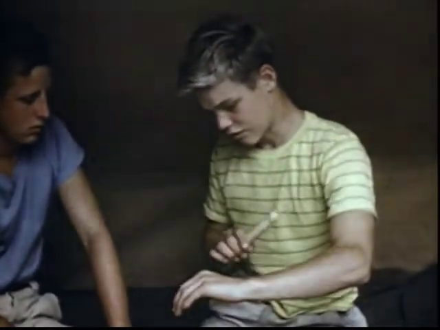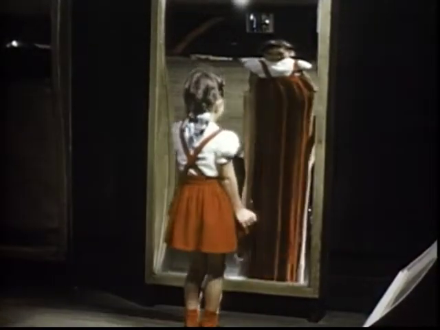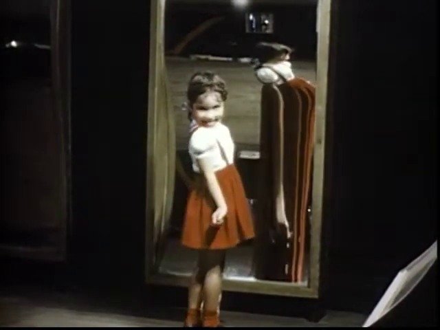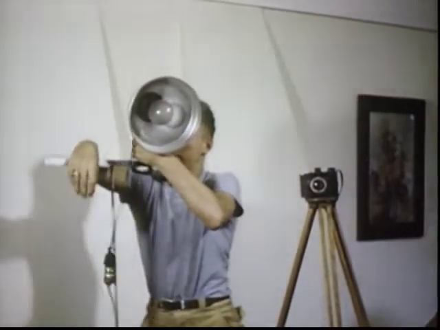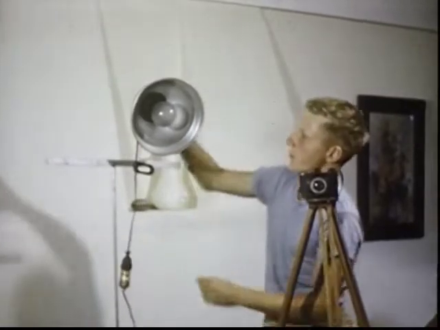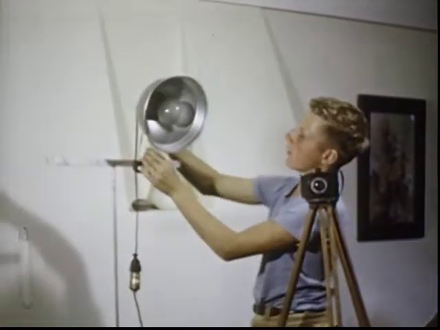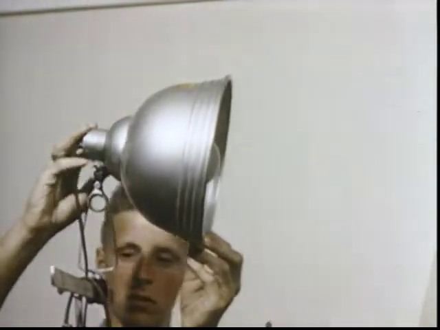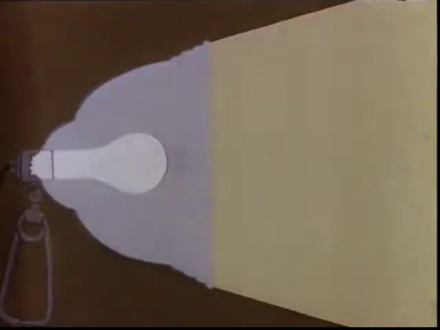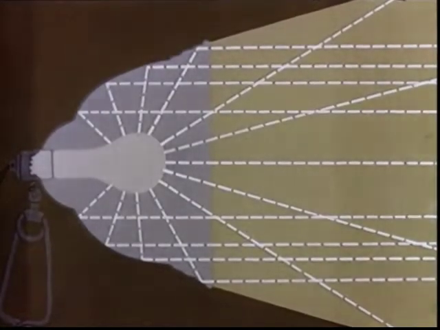Convex is the other way. These principles are used in the trick mirrors you often see in amusement parks. Bud makes a more practical use of a curved mirror when following his hobby of photography. The interior surface of this reflector is curved so that the light is directed toward the picture-taking area.